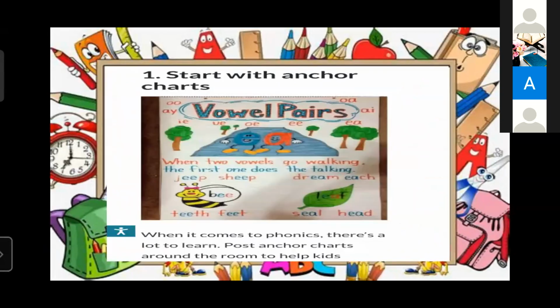So here are some strategies to practice with young learners, especially when we teach them phonics, okay? The first one is start with anchor charts. Here, you can find a chart with some sounds.